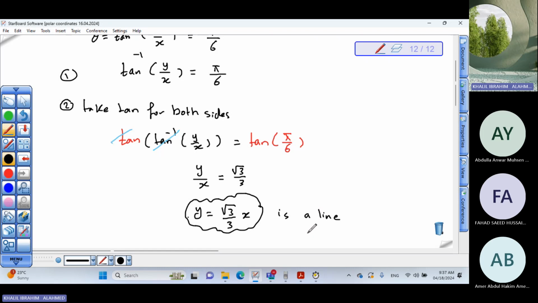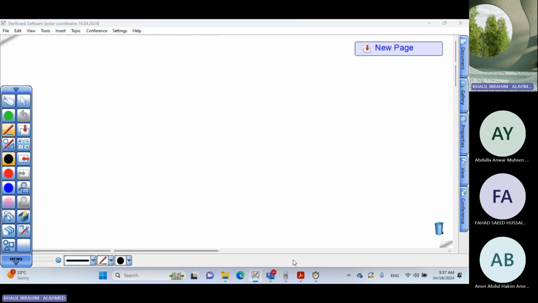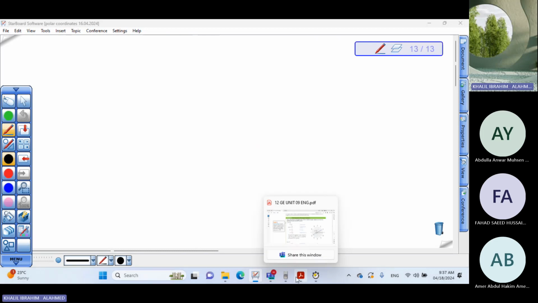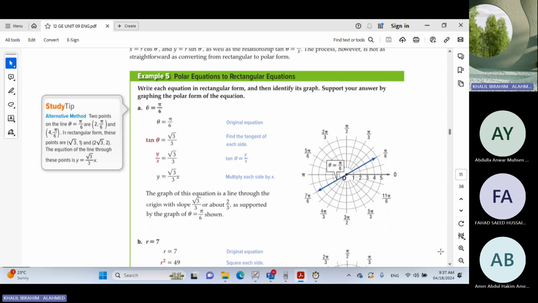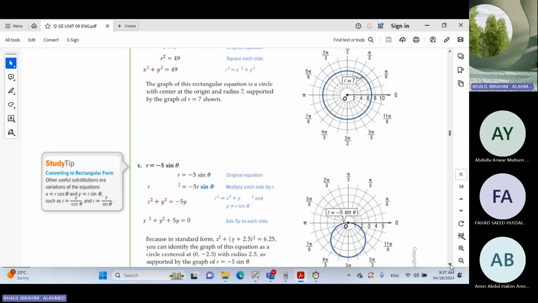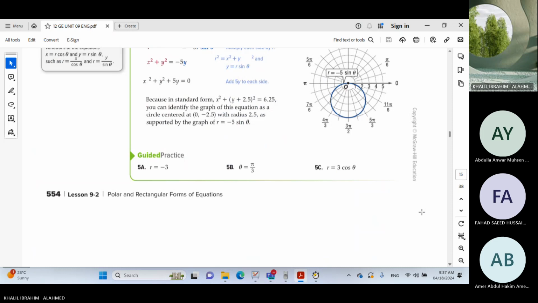Maybe take another example. I will solve another example, the last example for today, because we have 3 minutes to finish this lesson. Maybe take another example from here. Yes, like this.